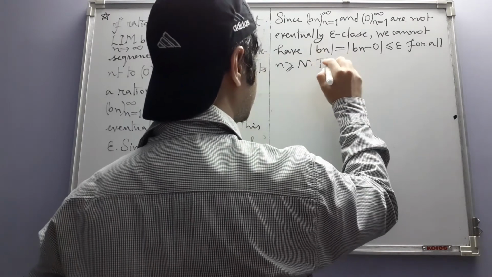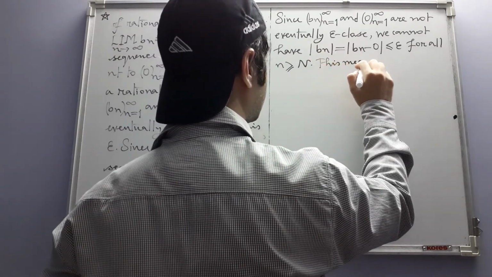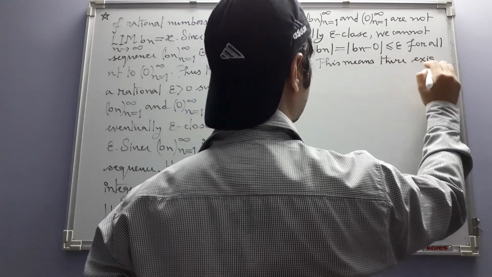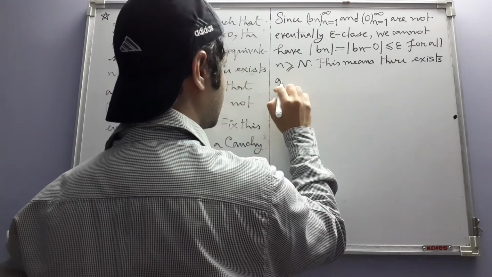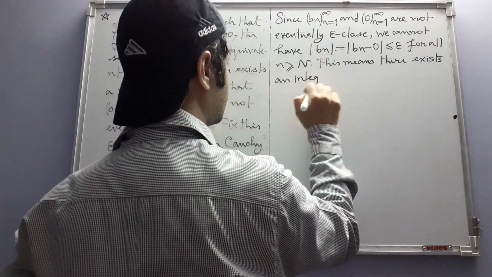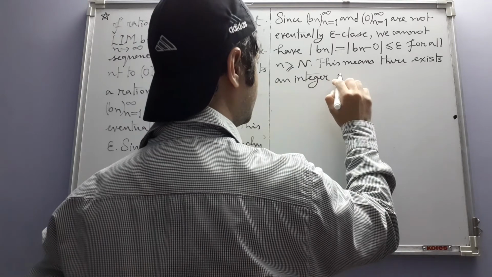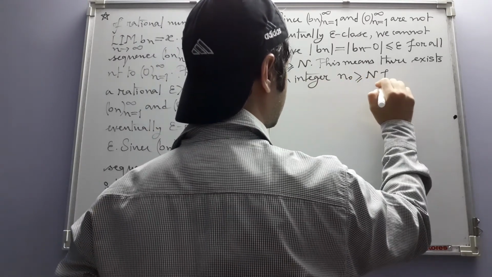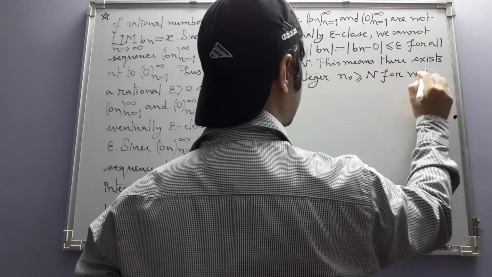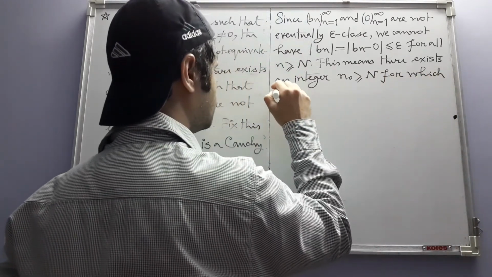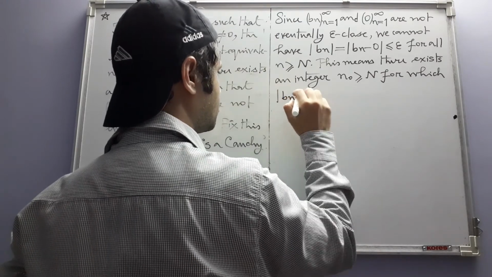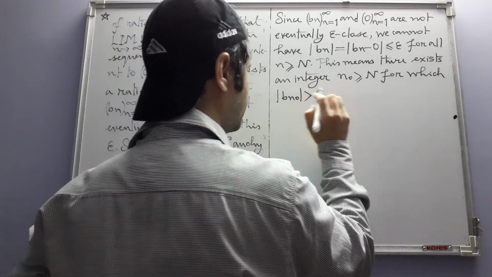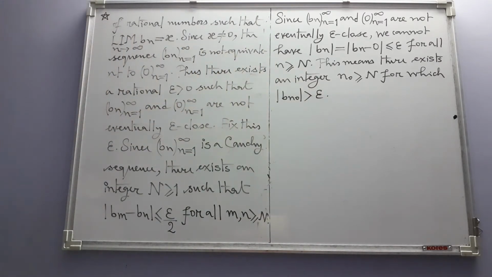This means there exists an integer, say n naught, which is greater than or equal to N, for which the corresponding Bn term has its absolute value strictly greater than epsilon. Okay.